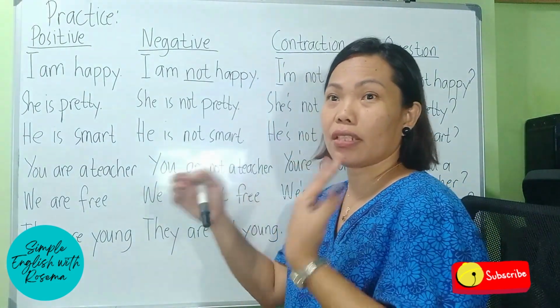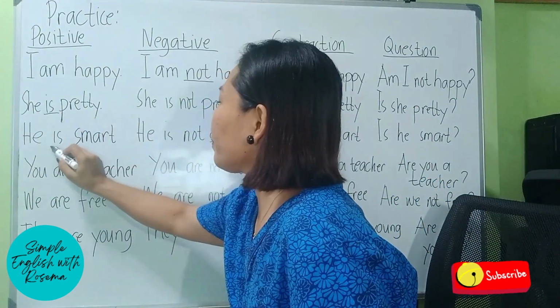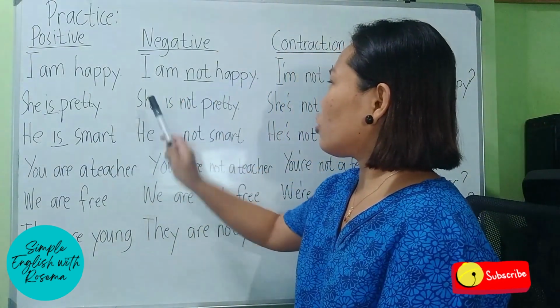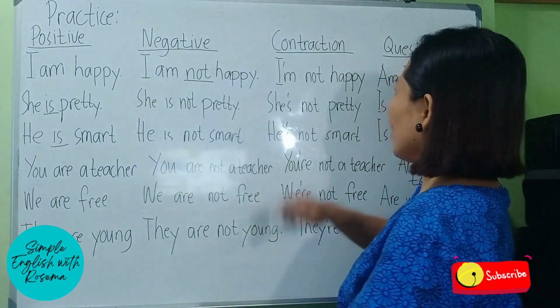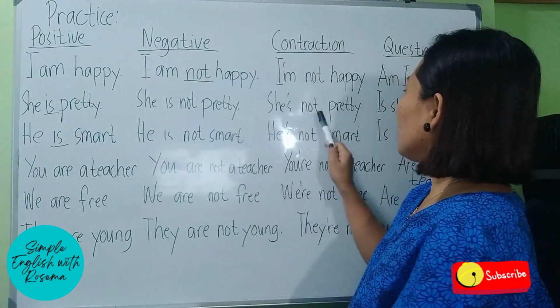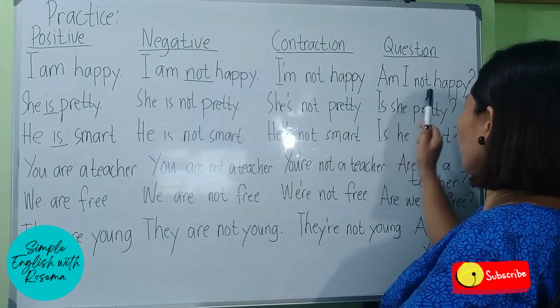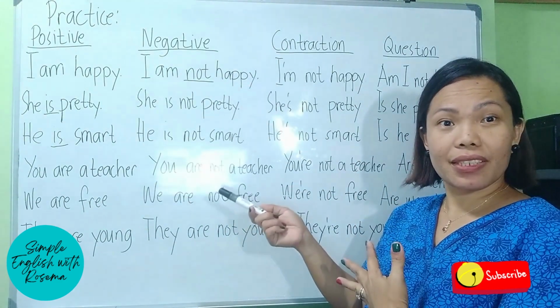So what follows those three is is. Now, for this example, the negative form is she is not pretty. And the contracted, she's not pretty. And for the question or interrogative sentence, is she pretty? Or is she not pretty?